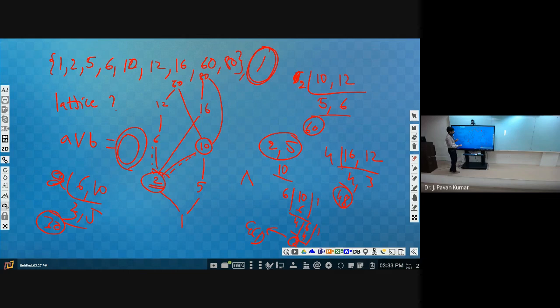Got it? Similarly, you can consider 60, 80. What is the GCD? 10. Like that, GCD 10 or 20? Yeah, 20 it is getting, but again it is a multiple, isn't it?